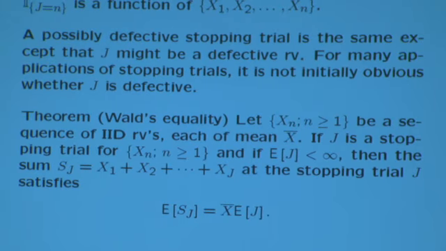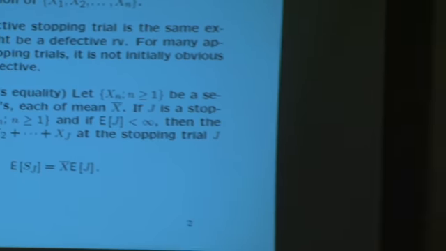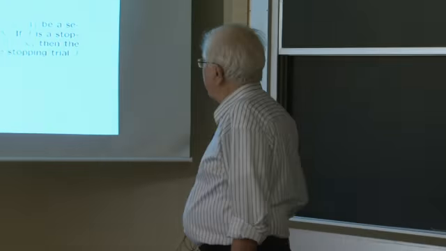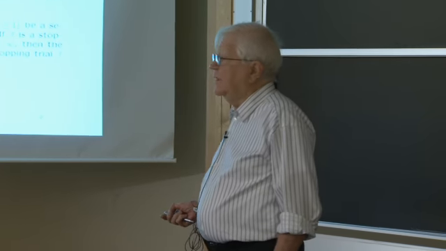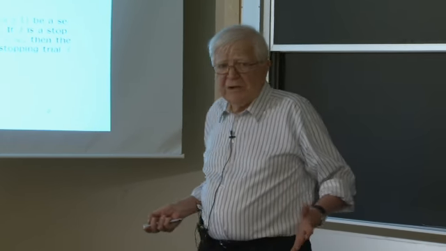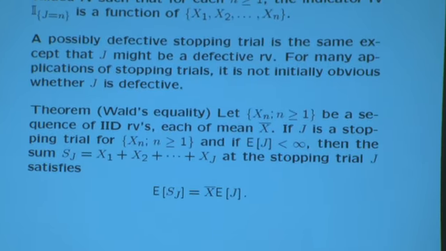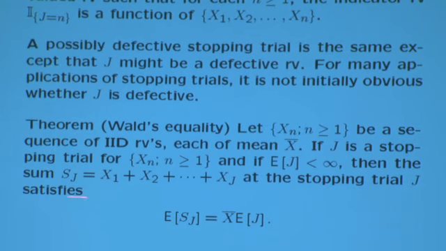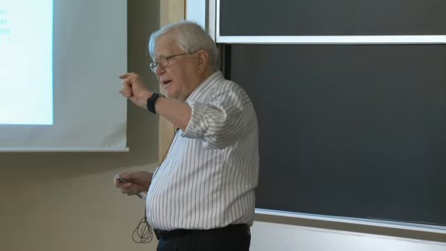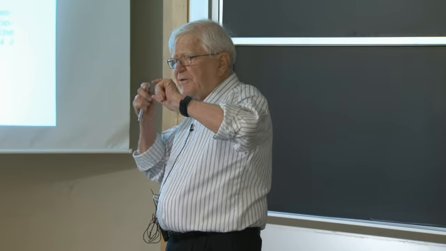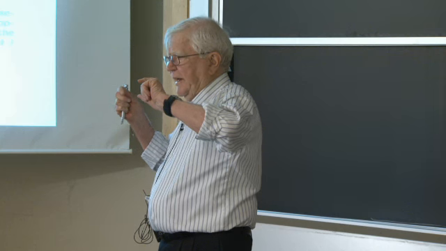And you remember we proved that last time, and the key to proving it, the hard part of it, well, it's not hard after you see it, but what's difficult is when you start looking at how you find the expected value of S sub J. It's equal to a sum over n of X sub n times the indicator function of J being greater than or equal to n.